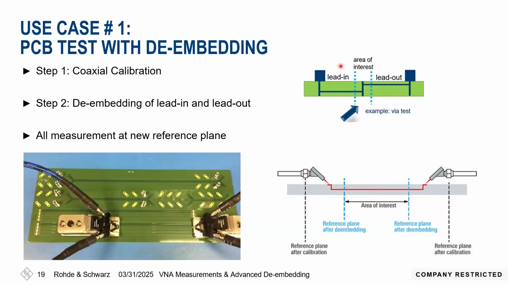So we have to compensate for this lead-in and lead-out. Then with the 2x-thru or the S2P files, we can actually have this lead-in and lead-out structures de-embedded, and the result only for the device under test.